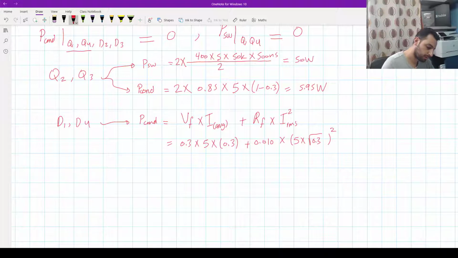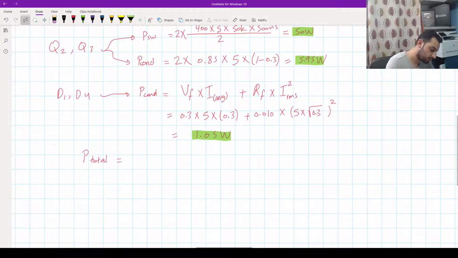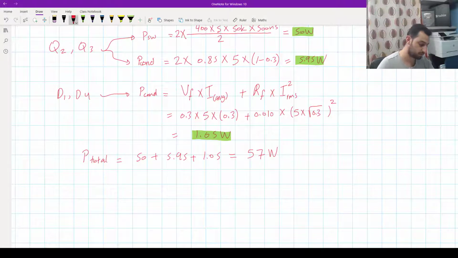Okay, so that will give us an answer of 1.05 watt. So in total, we have these powers, which is 50 and about 5.95 and also 1.05. Altogether will be 50 plus 5.95 plus 1.05, which is 57 watt as power loss.